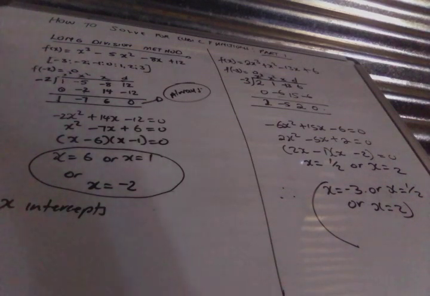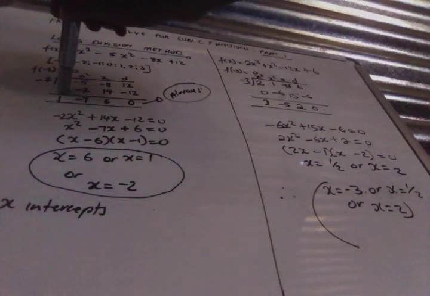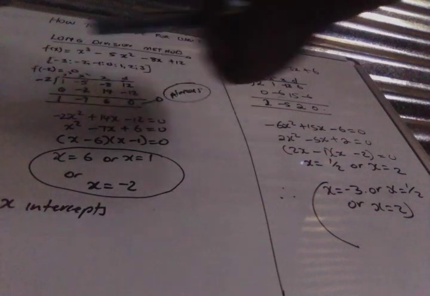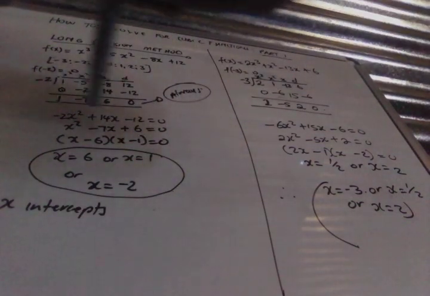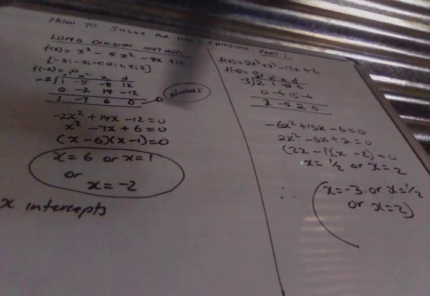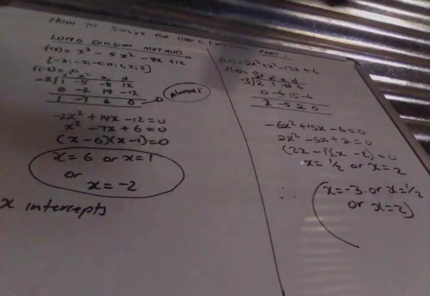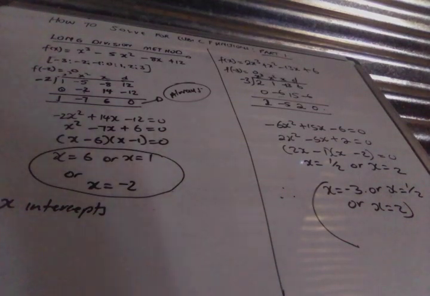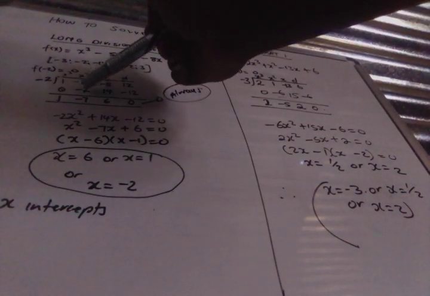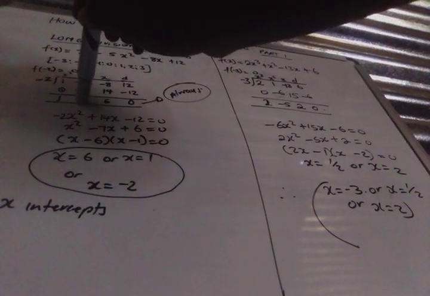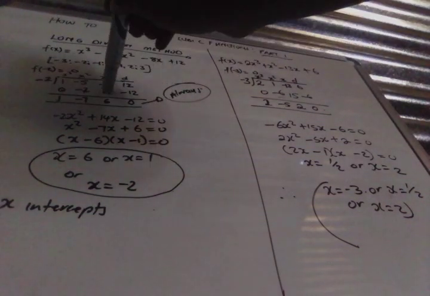From there I'm going to put 0 underneath the 1. I'm going to say 1 plus 0 is going to give me 1, and I'll write 1 down there. I'm going to say 1 times -2, and the answer I'm going to put next to the -5. I'm going to say -5 plus -2 gives me -7. Then -7 times -2 is going to give me 14.